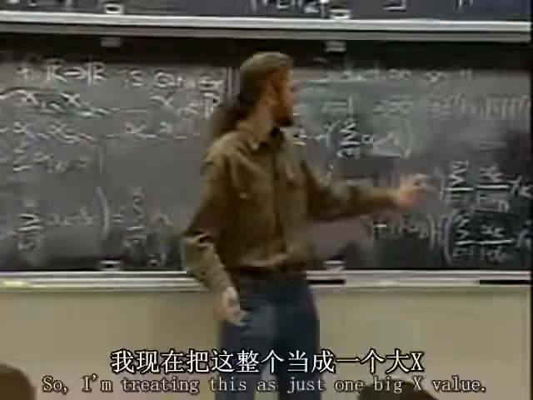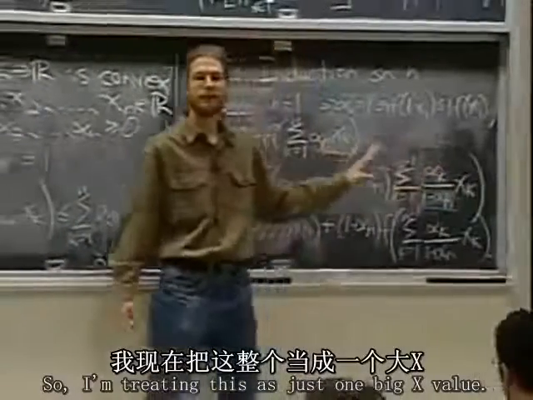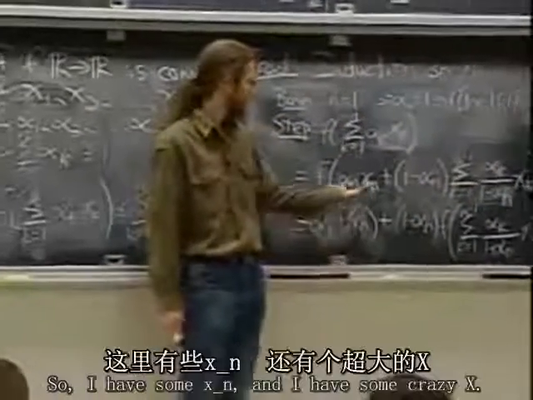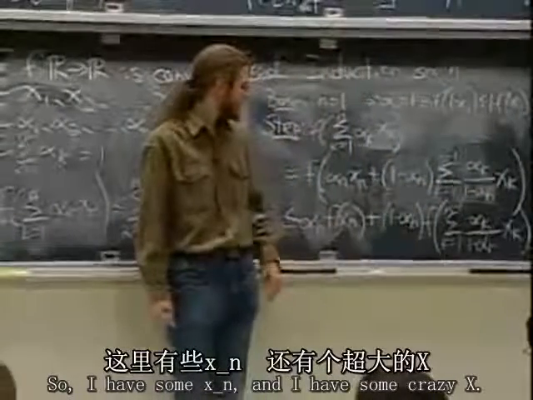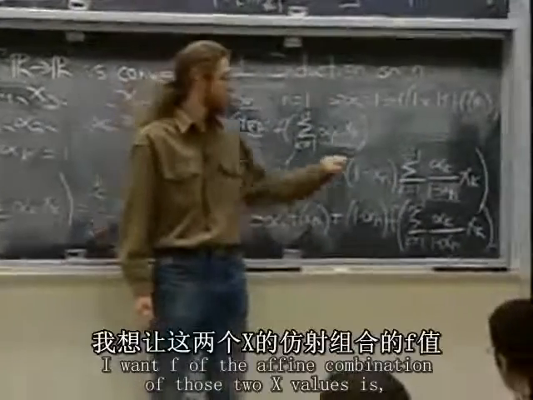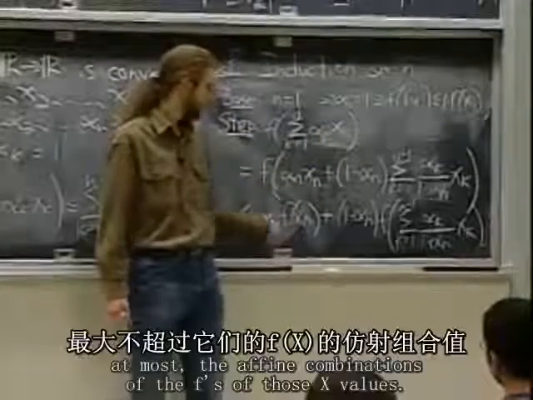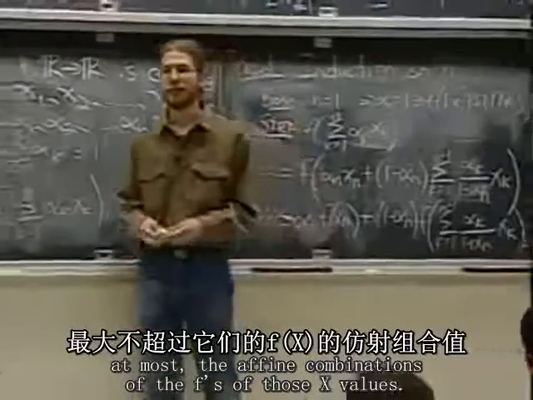So I'm treating this as just one big x value. So I have some x n and I have some crazy x. I want f of the affine combination of those two x values to be at most the affine combination of the f's of those x values.